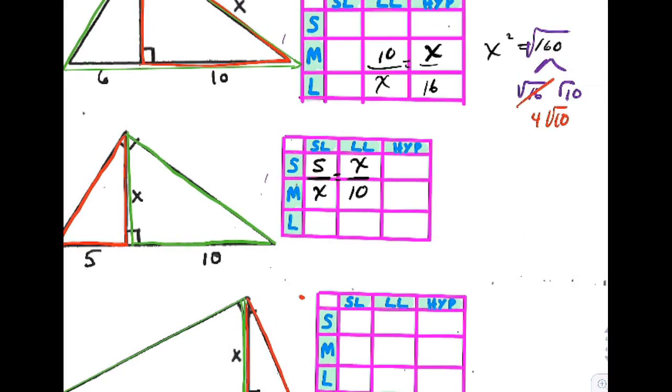So if we set that up, we have x squared equals 50 when we cross multiply. And we take the square root of 50, which is not a perfect square. What obvious perfect square goes into 50? Right, 25 and 2. Square root of 25 is 5, radical 2.